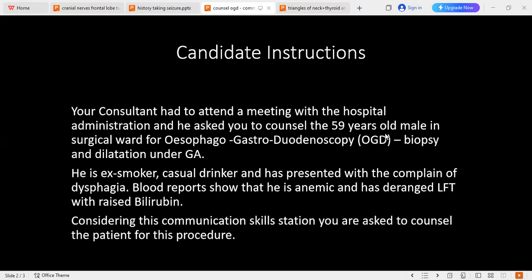And when you're advising about the food, what to eat and what not to eat, you have to especially say avoid hot drinks and alcohol after the procedure. The patient is not allowed to drive back home alone.